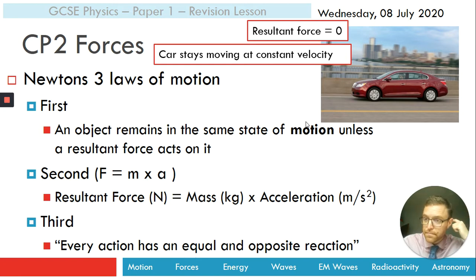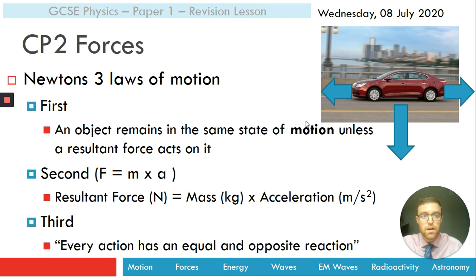If there is a resultant force in any direction, then the object will accelerate in that direction. So in the example of our car, if it had these 3 forces acting on it, a force acting forwards, a force acting backwards, and a force acting down, if we added these forces together, these 2 forces would cancel out, we would still have a force acting down, and the car would start to accelerate downwards into the ground.